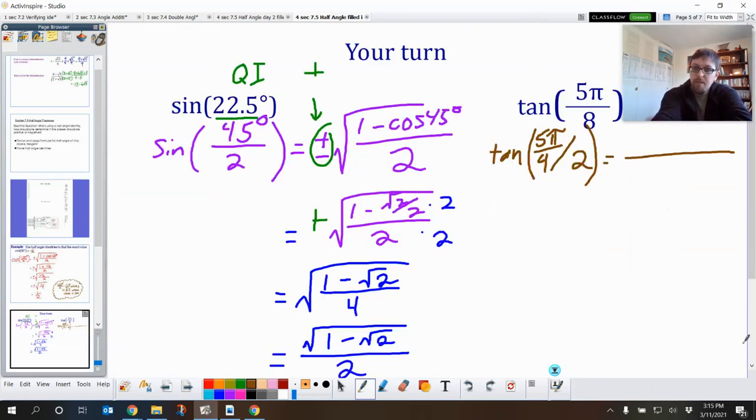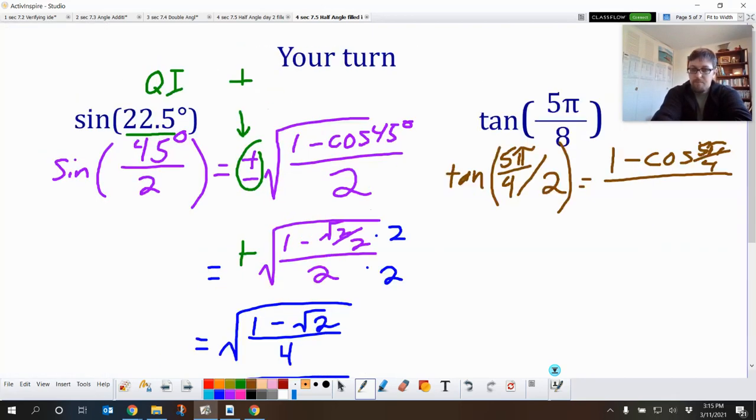So I want to do 1 minus the cosine of my angle, 5 pi over 4, and then over the sine of that same angle, 5 pi over 4.